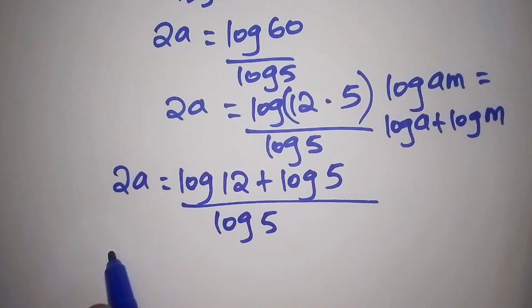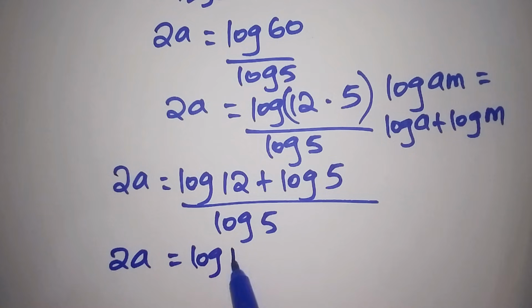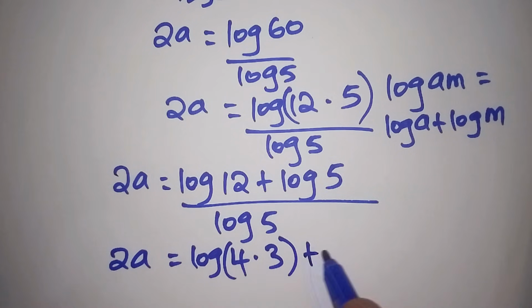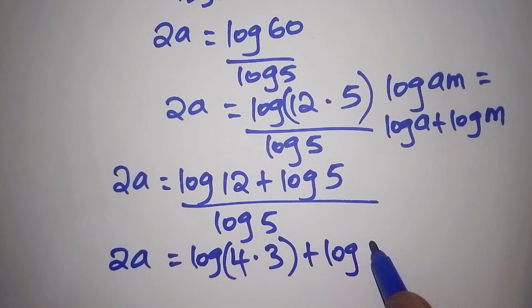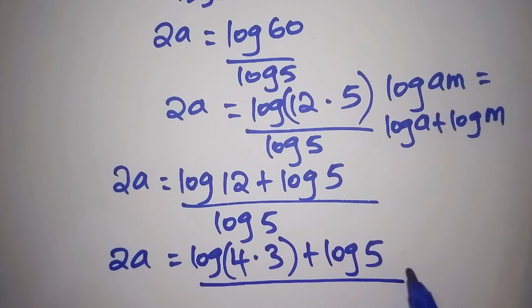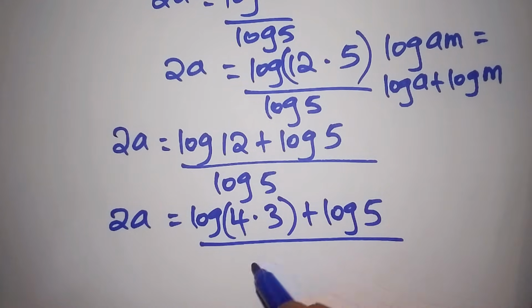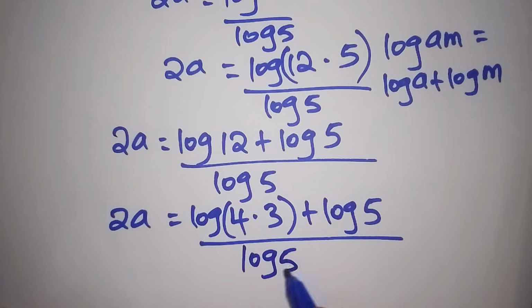When you work it out further, we shall have 2a equal to the log of 4 multiplied by 3, in brackets, plus the log of 5, all over the log of 5.